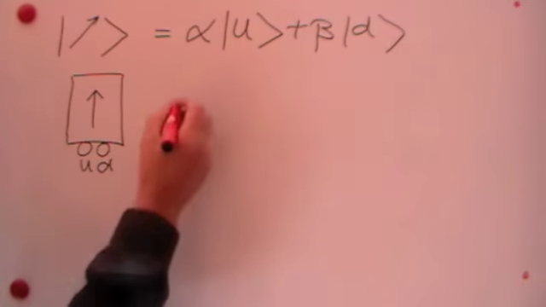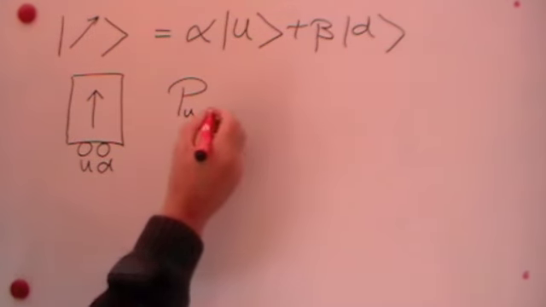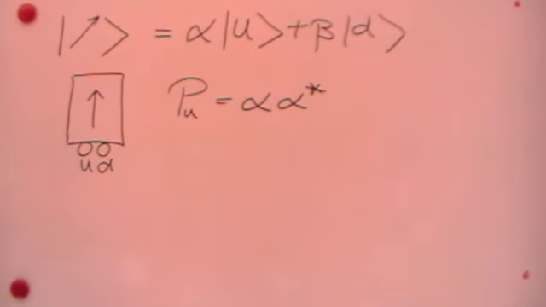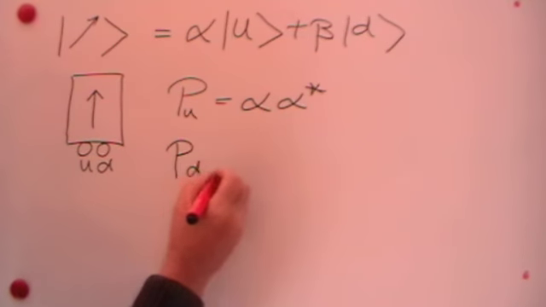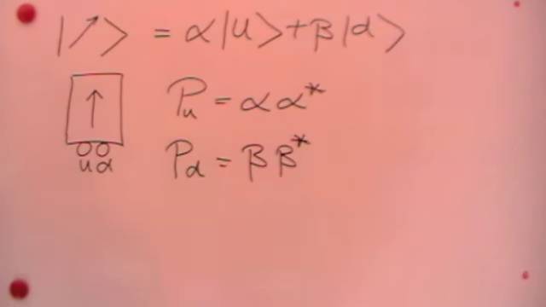Or more accurately, the probability of getting an up is equal to alpha times its complex conjugate. Remember, whenever you square anything, what you actually mean is multiplying that number by its complex conjugate. And similarly, the probability of getting a down is going to be beta times its complex conjugate.